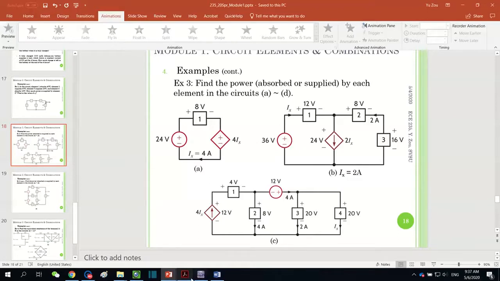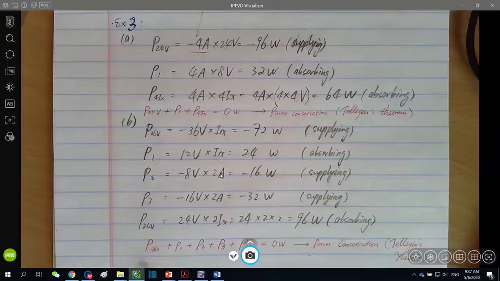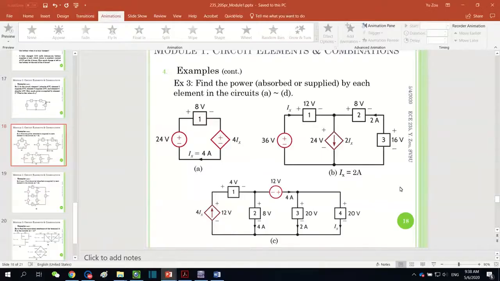So we are using directly this 4 ampere times the voltage, 16 volts, ending up with 64 watt positive, absorbing the power. And if you verify these results by power conservation theorem, you will see sum them up, ending up with 0 watt. Perfect sense.